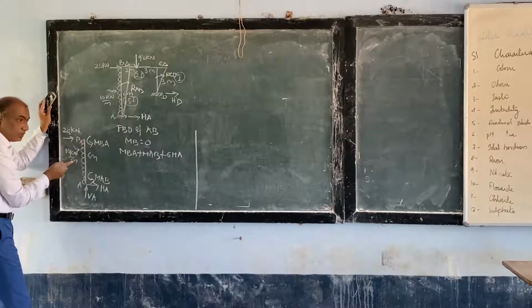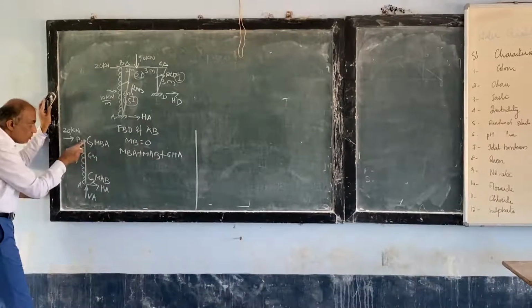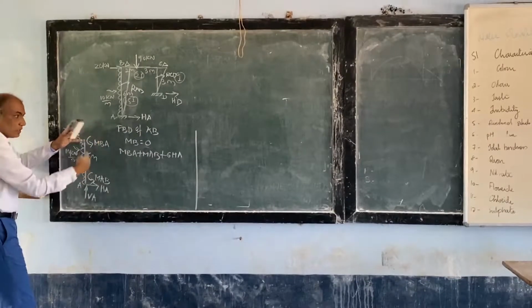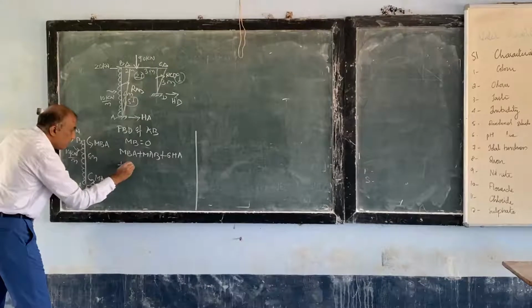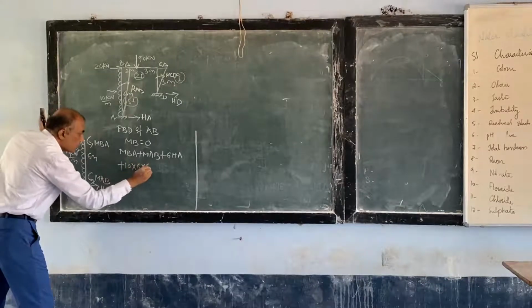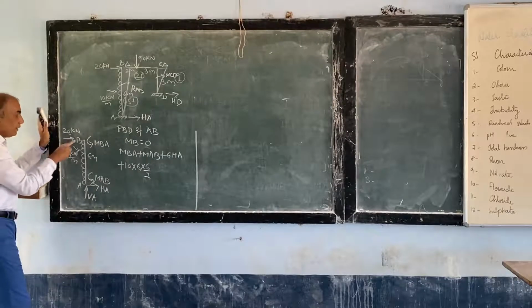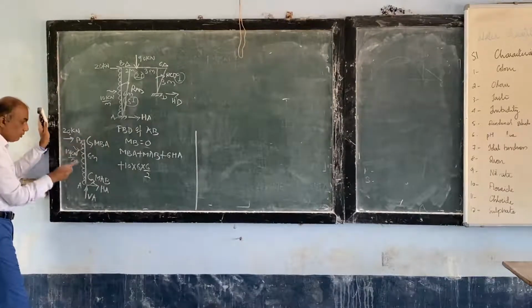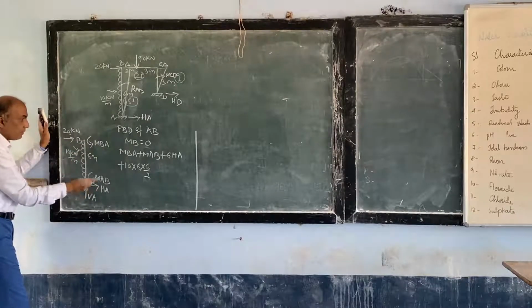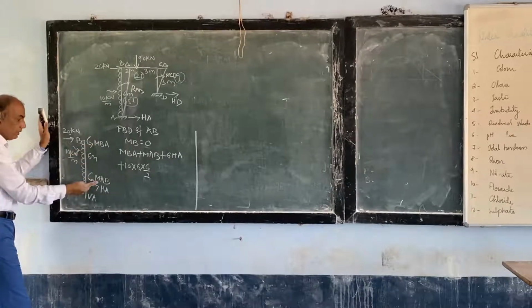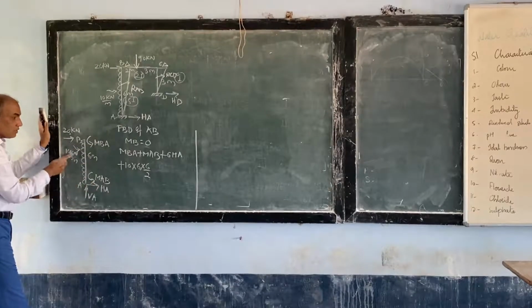The moment about B is anti-clockwise, so plus 10 into 6 into 6 by 2. The moments due to 20 and VA are 0. This is equal to 0.